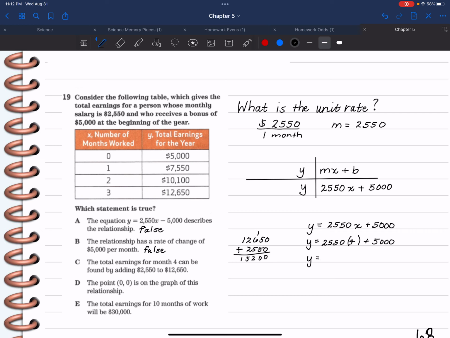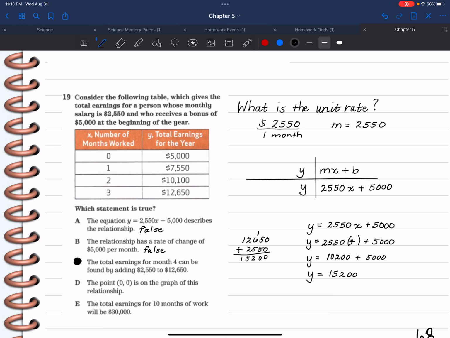So y is, where's my calculator? 25.50 times 4, that's 10,200, plus 5,000. And sure enough, that turns out to be true. So C is true.